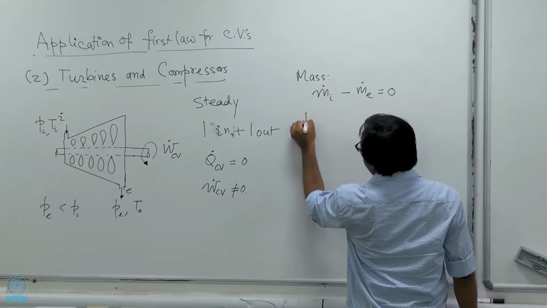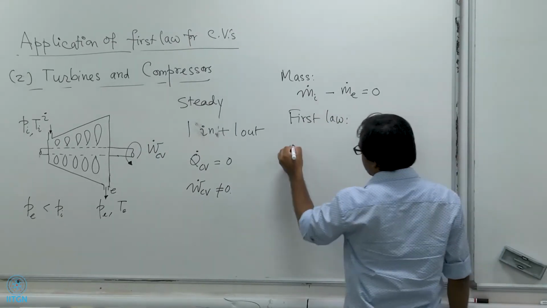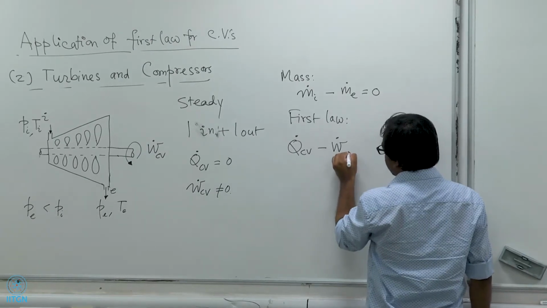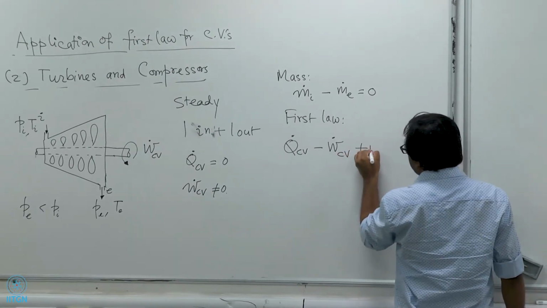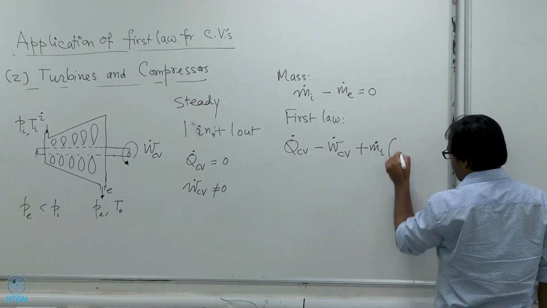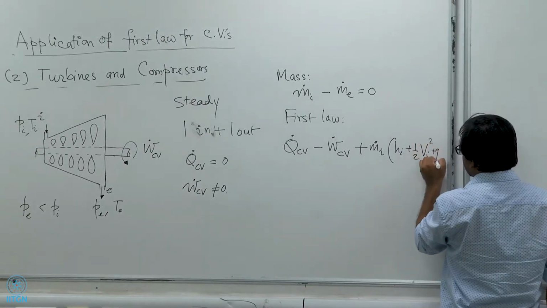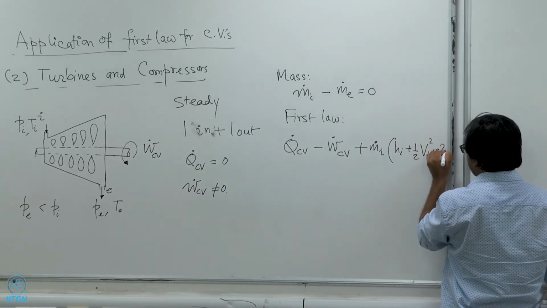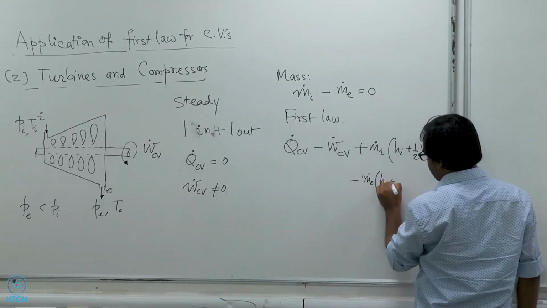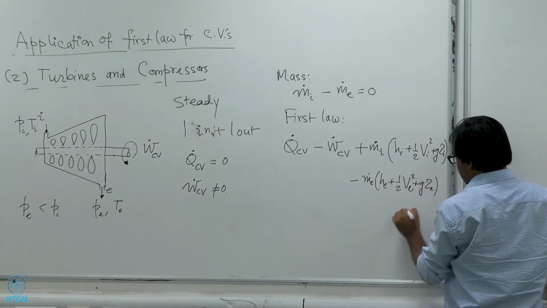First law: I will again write the entire thing just so that you can get familiar with the first law. So this is q dot minus w dot plus m dot times h I plus half v I square plus g z I, minus m dot times h E plus half v E square plus g z E, equals 0.